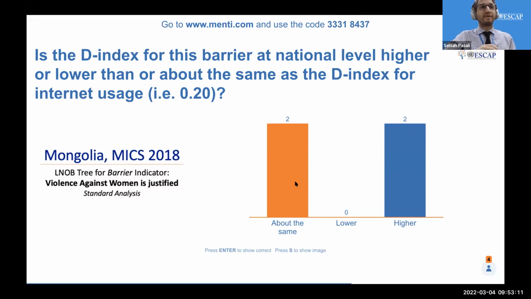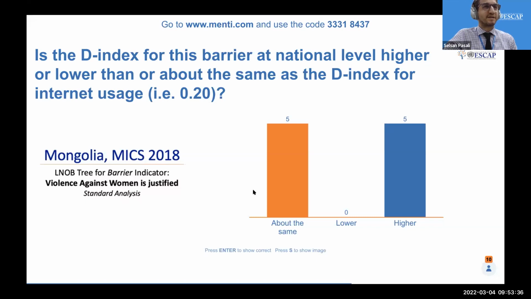You can also feel free to type your answer in the chat if you're not on Mentimeter, but I hope you'll be able to go to the tool. We have 10 responses that are equally divided so far between about the same and higher.